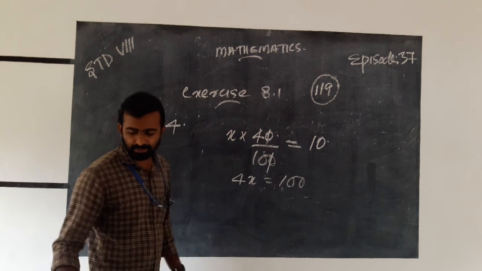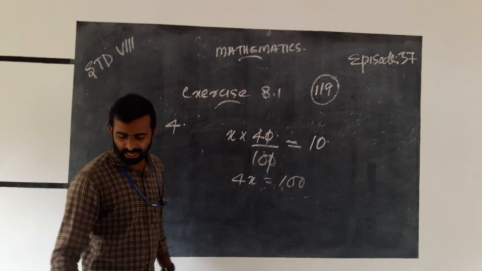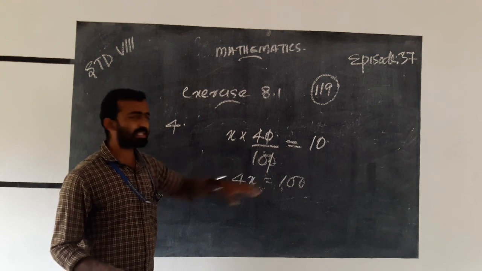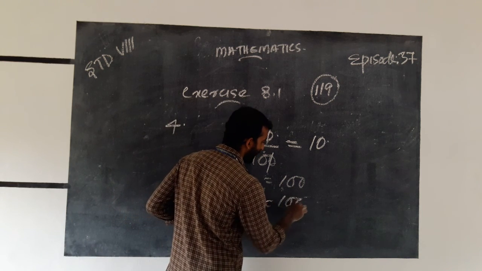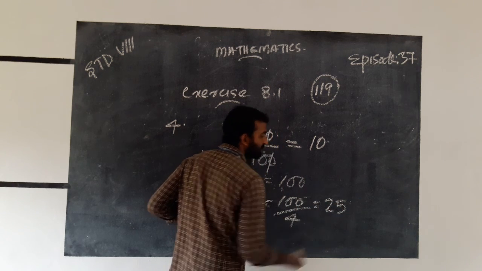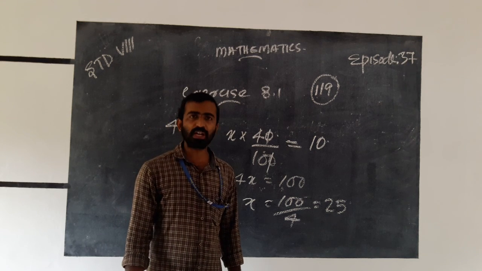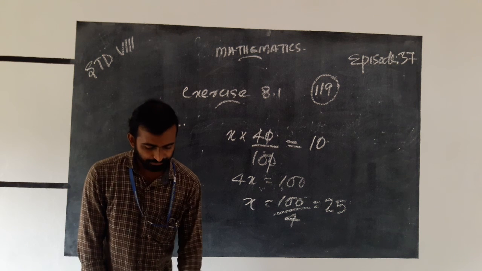We already studied simple linear equations: transposing, x equals 100 by 4, that is equal to 25. What is our x? X is the total number of matches.